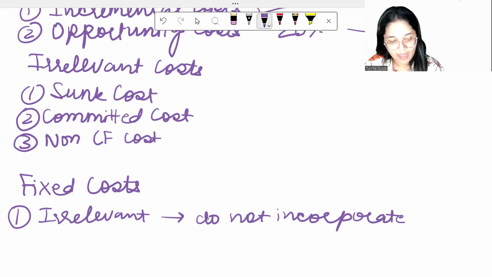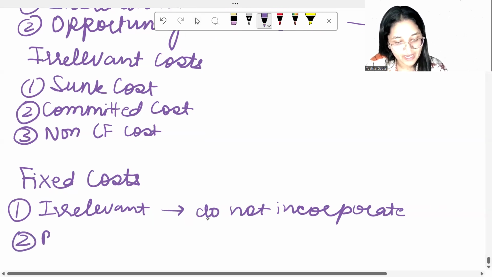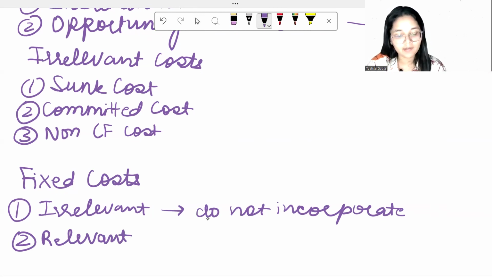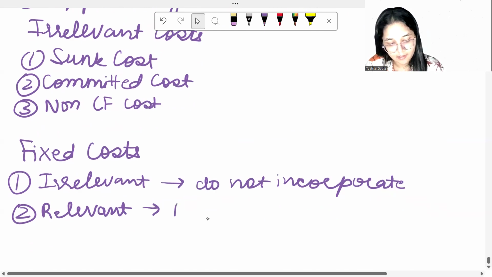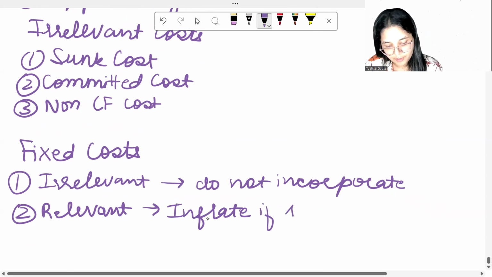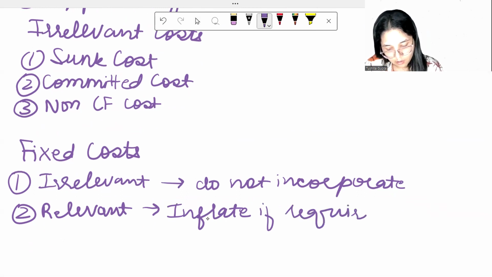And if you have any fixed cost which you find relevant, maybe because it is incremental, then you will also consider to inflate it if required, and step it up if required.